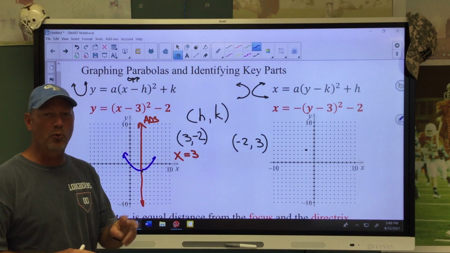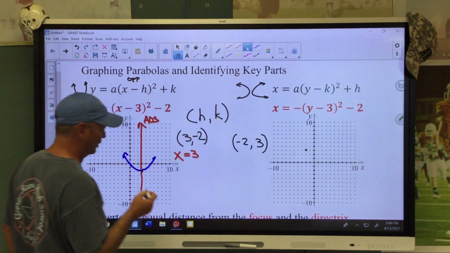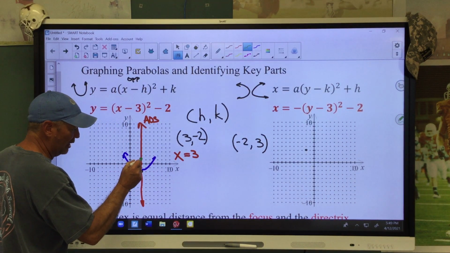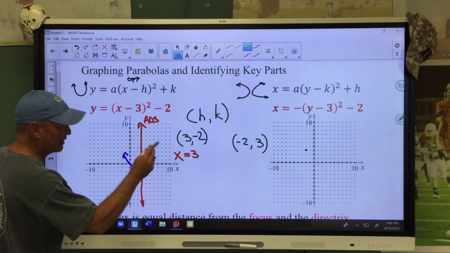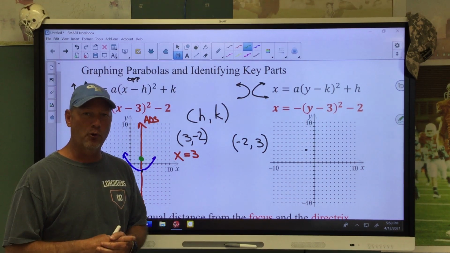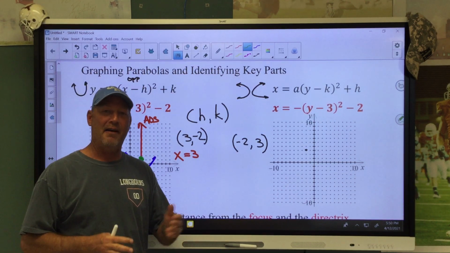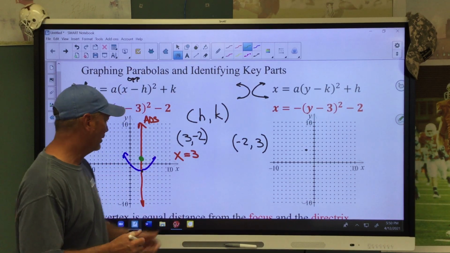You're going to learn 2 new words today. You're going to hear a word called a focus. The focus is always going to be inside the curve of the parabola. Let's write this out. Focus.